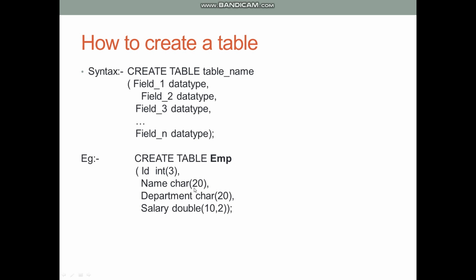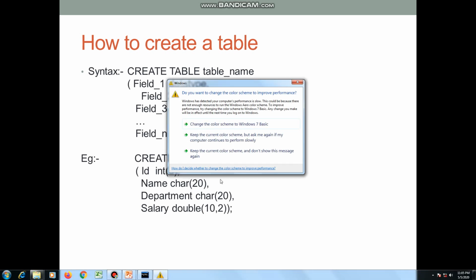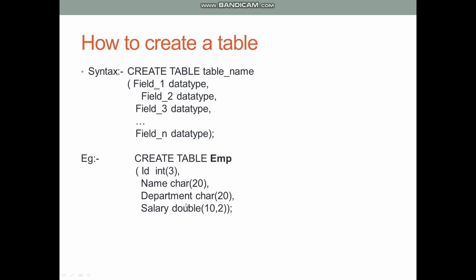Here I'm defining size as 20, so size of our data type is 20. That means we can store any value which is of type character with maximum number of character as 20. And for department column we are also using character data type.